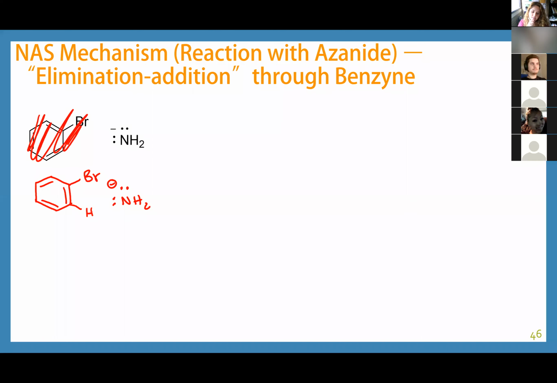So this mechanism does something really bizarre. It's an elimination addition, which means that the elimination occurs first. So we are going to create another pi bond on something that is already aromatic. And we're not going to do it by creating some pi bond here. We can't do that because that would end up having 5 bonds to this carbon. It would be a true mess.